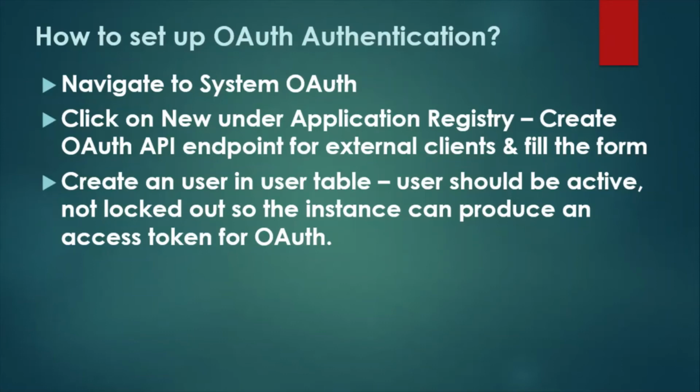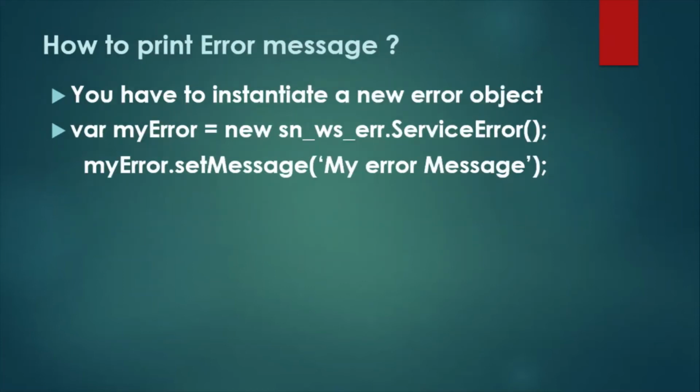So the instance can produce an access token for OAuth whenever required. Anyway, I have planned to make some videos on integration, so I am going to explain this OAuth authentication setup as well. So let's navigate to the next slide.